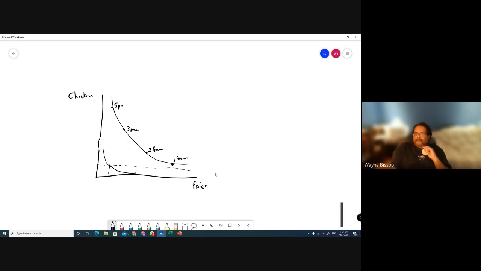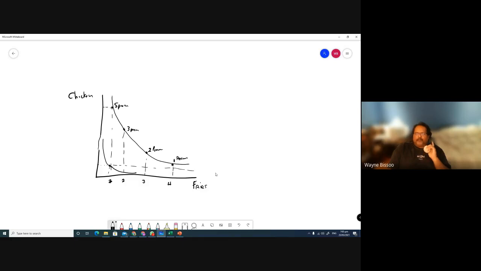All right. That makes sense? And what happens is this is five pieces, but it comes with, let's say this is one fry. The three piece comes with two fries. The two piece here comes with three fries. And the one piece comes here with four fries.